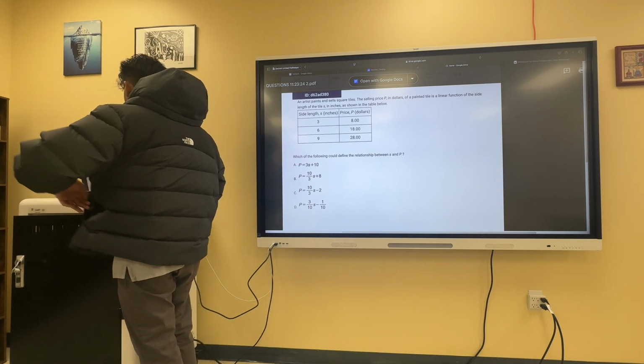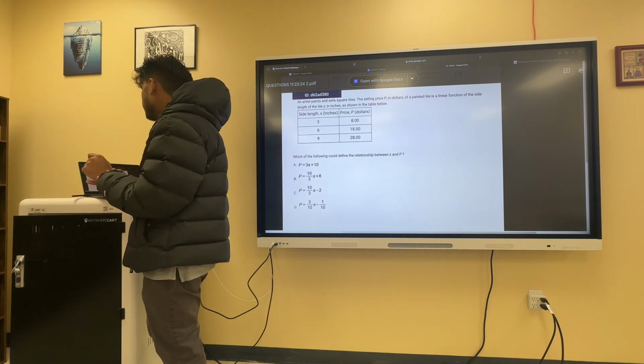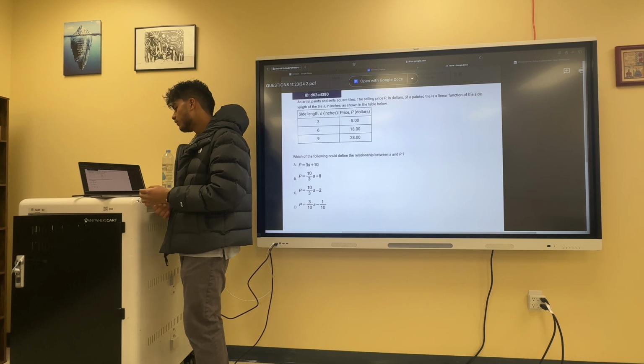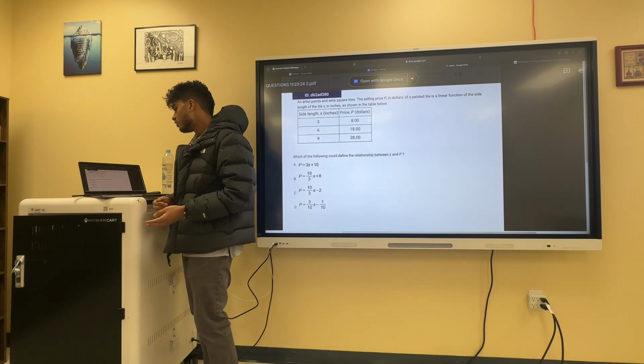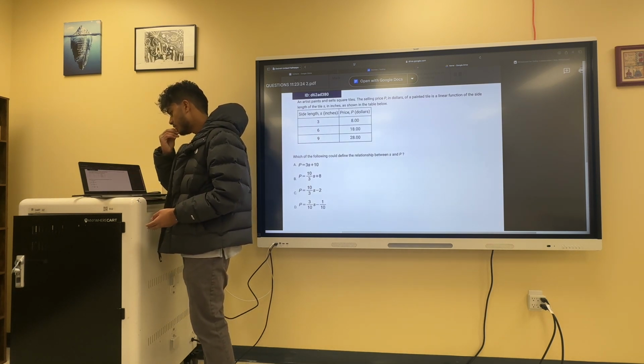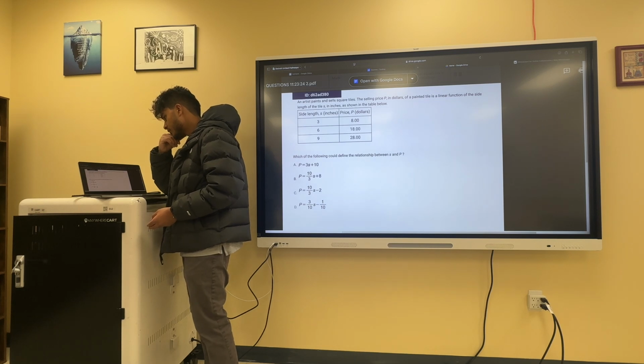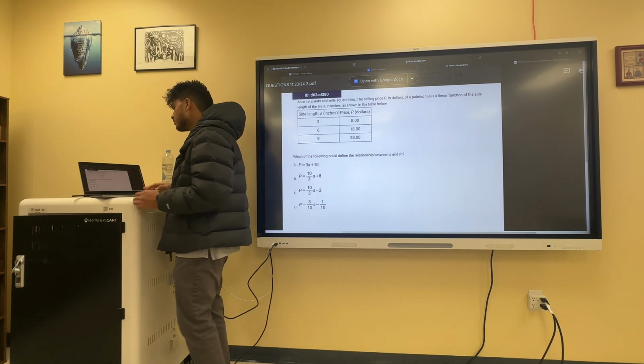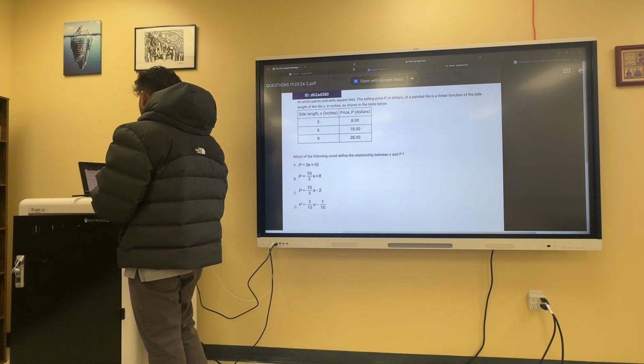Okay, so let's plug this in. Like I said, we're just solving for two variables, so we just need two of these table values. Let's plug in 3, 8, and then 6, 18.